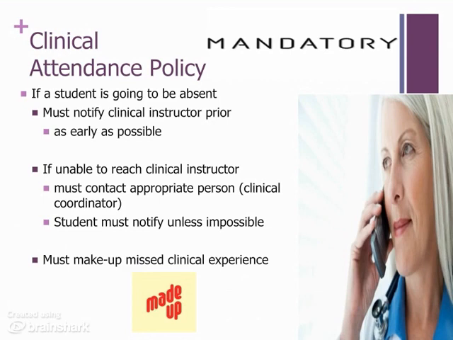My experience has been that students have been very respectful of that rule, but occasionally, I've only had it a couple of times, one of their classmates who may be their ride will notify me that a student is absent today, and I have to let that student know that that's not their responsibility. It's the student's responsibility to notify.